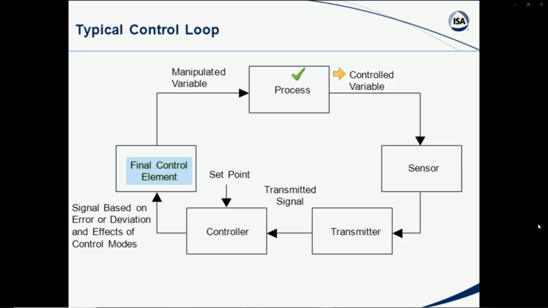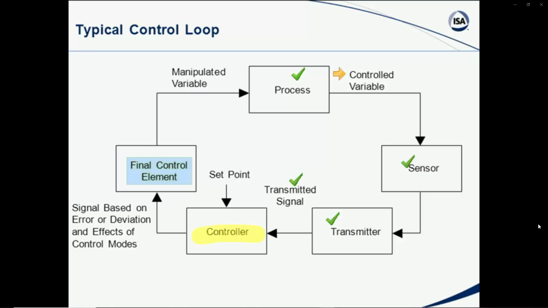These may be levels or pressure, temperature, or whatever type of variable we're interested in as far as the control is concerned. And then in some of our other sessions, we discussed sensors and transmitters and how we get that variable value into a standard signal, be it 4 to 20 milliamps, 3 to 15 PSIG, digital, or whatever type of signal that we apply to what we call a controller.